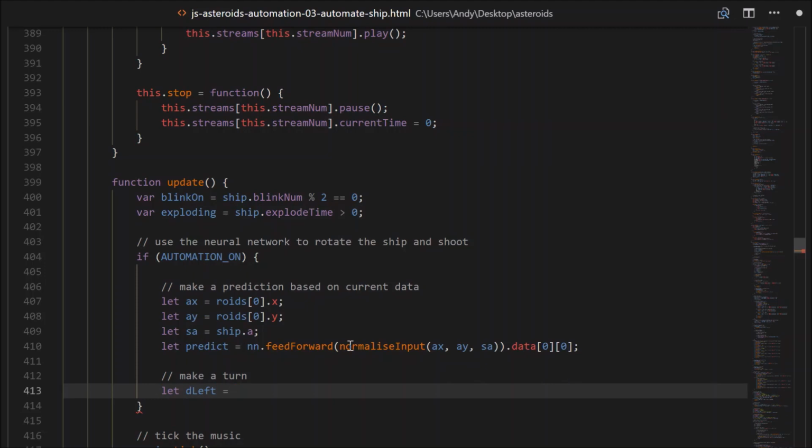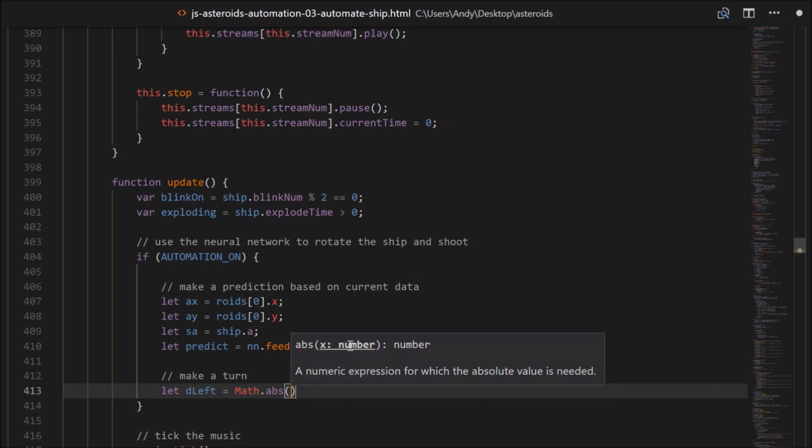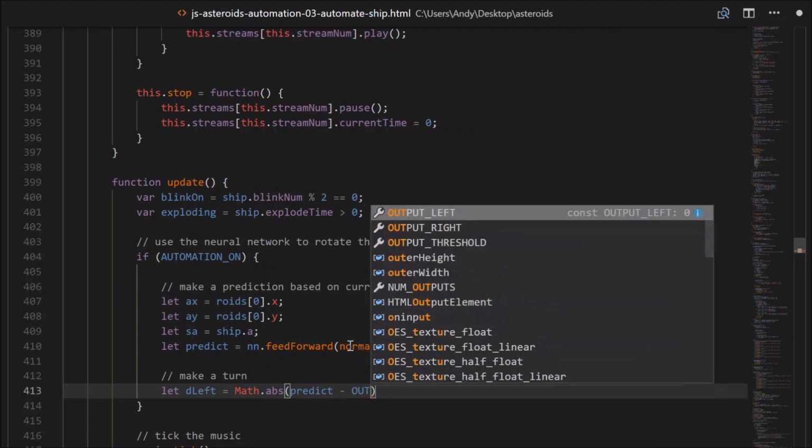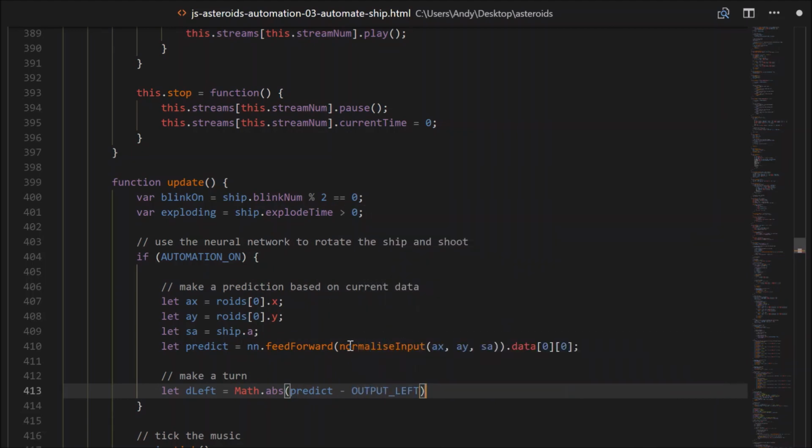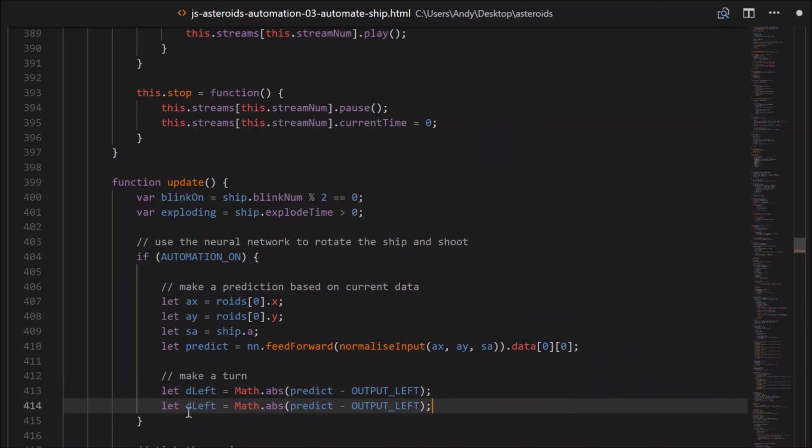Delta left will equal the absolute value, math absolute value, of the prediction minus the output constant, output left. And delta right will equal the prediction minus the output right.